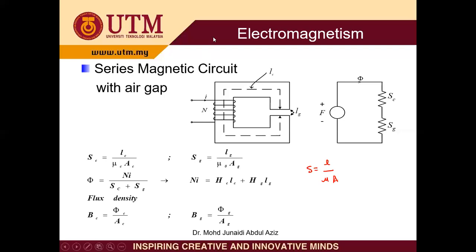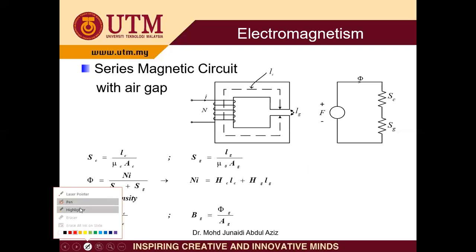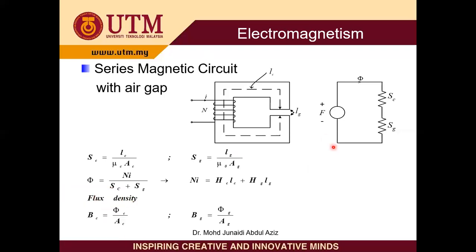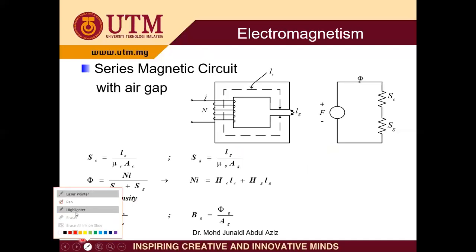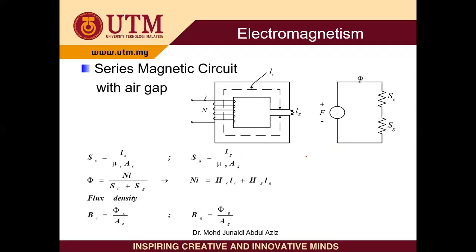Since it's a series circuit, we can use the basic Ohm's law for a series circuit. For example, we know that V is equal to IR1 plus IR2.